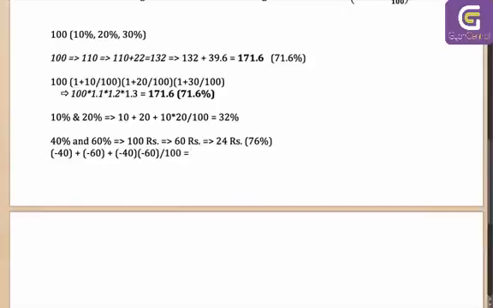Let's see what you get. Minus 40 and minus 60 is minus 100. Then minus 40 into minus 60 is 2400 by 100 or 24, which gives you minus 76. Minus 76% is your discount, which you had got by the original value also above.